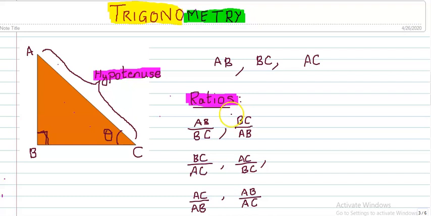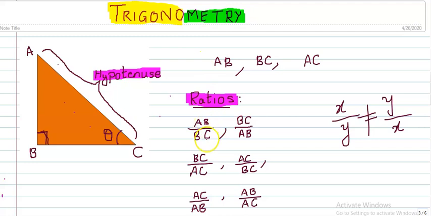AB, BC and AC are the sides of the triangle. So how many ratios can be possible with these three quantities? AB by BC or BC by AB. These two are not the same. We need to remember x by y is not equal to y by x. These two represent two different fractions, or x is to y is never equal to y is to x, right?